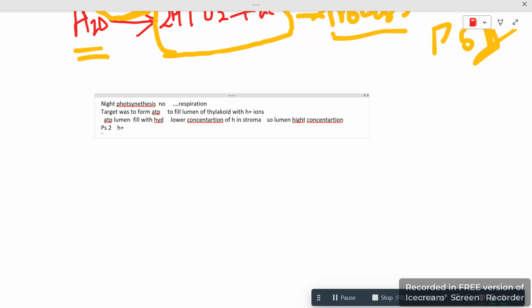So in photosystem 2, there is one hydrogen in the stroma, which they will send to the cytochrome, and then it will again go to the lumen of thylakoid.